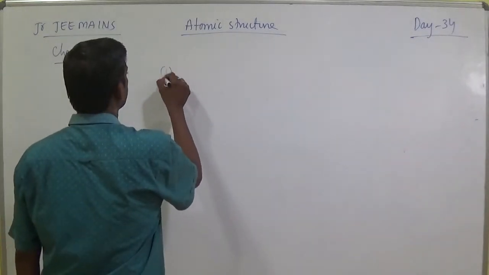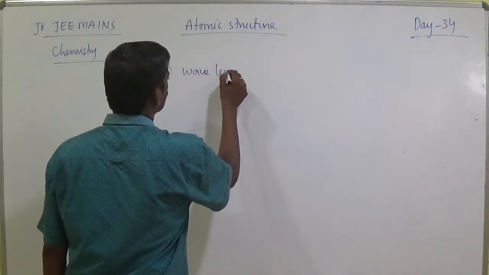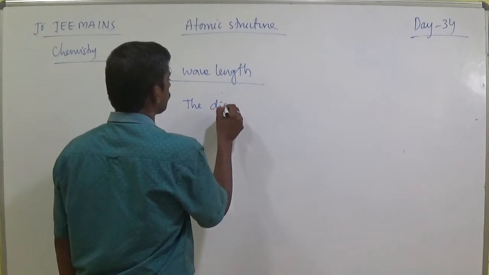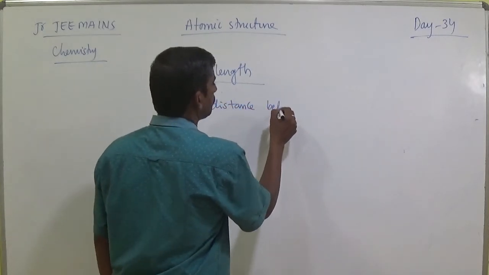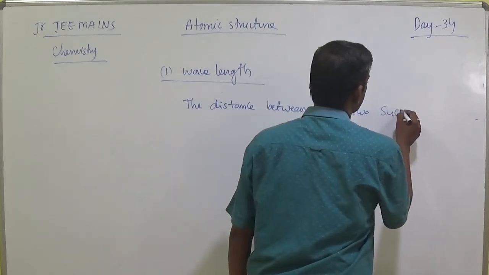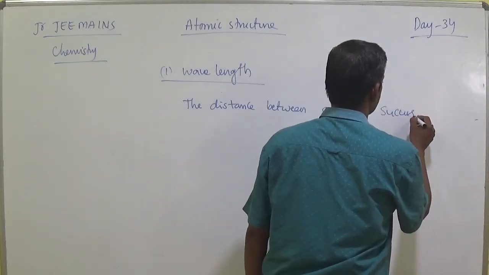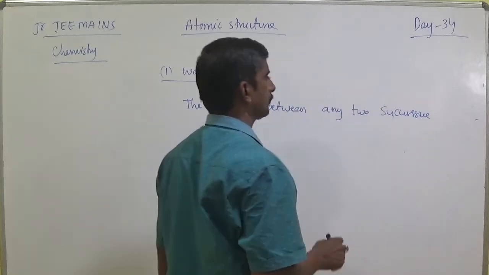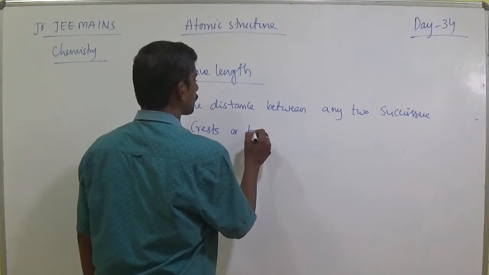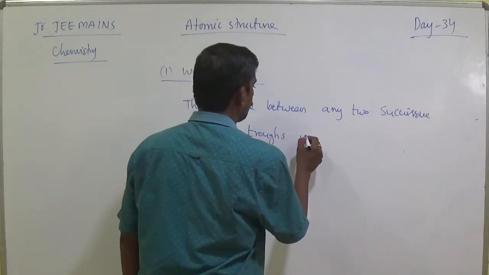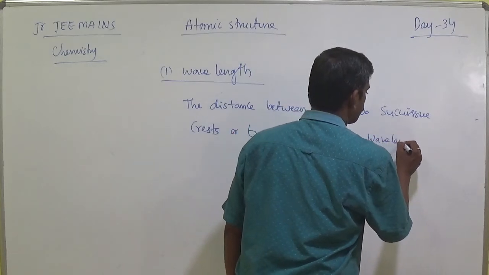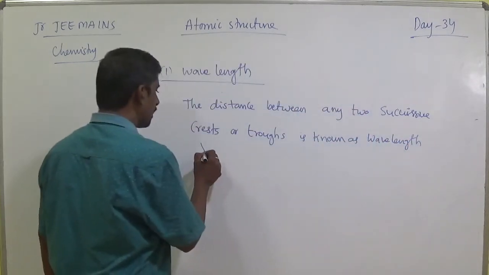So the first one is wavelength. Wavelength means the distance between any two successive crests or troughs. It is represented by the symbol lambda.